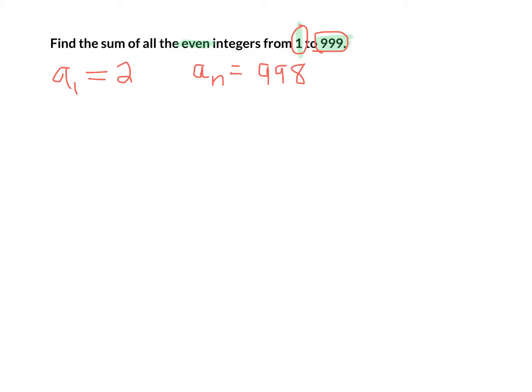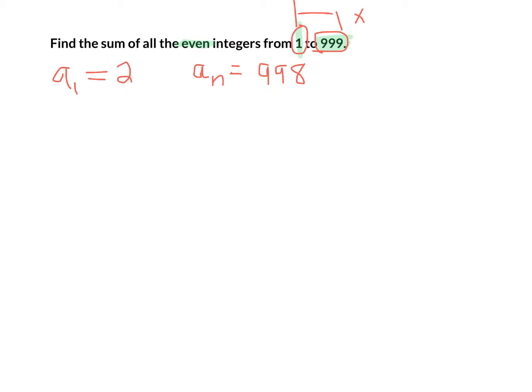Now again, people ask me all the time, well, gee, shouldn't I do 1,000? No, because we are asked to stay within the confines of between 1 and 999. 1,000 would be over on the other side of where I'm supposed to be. So again, you have to go up and down the scale depending on what you're dealing with.